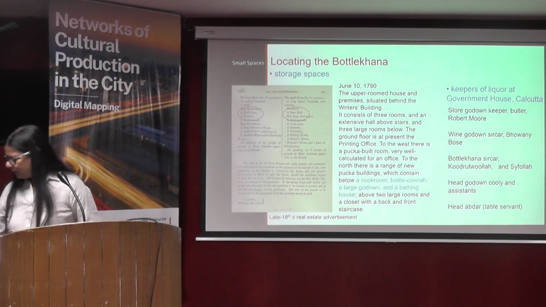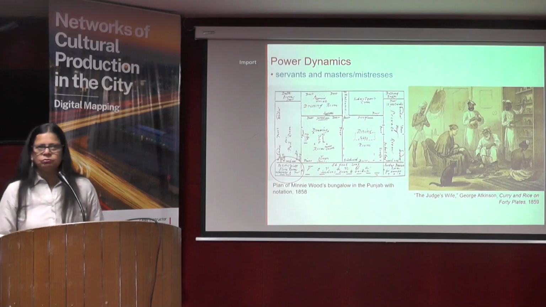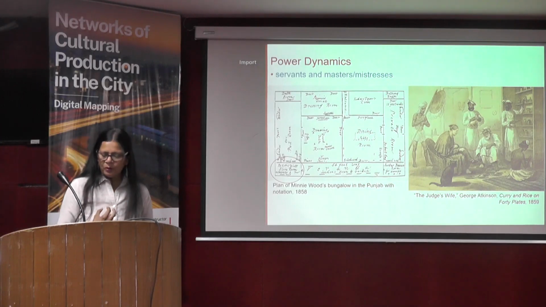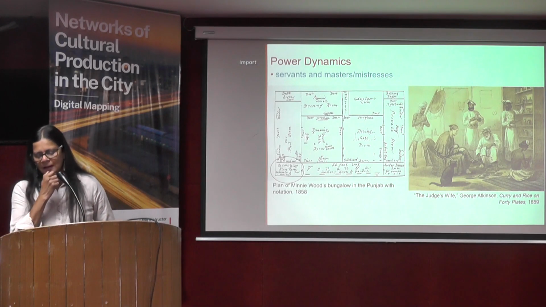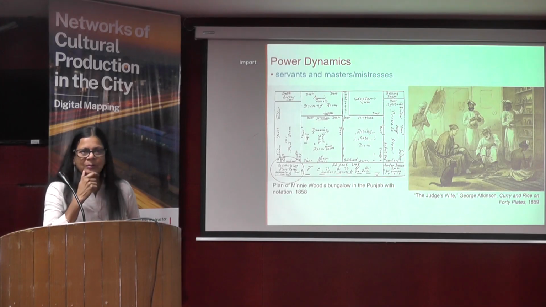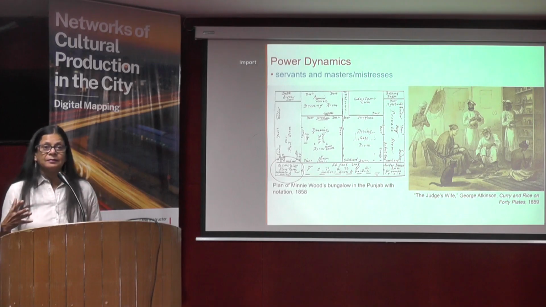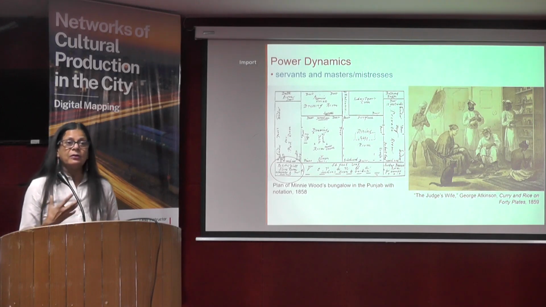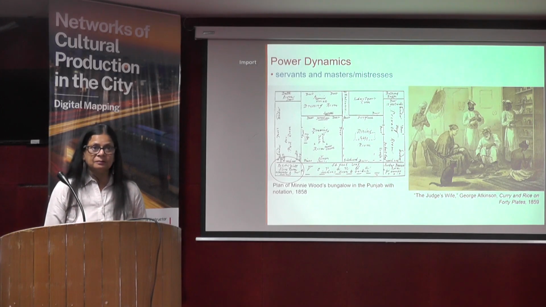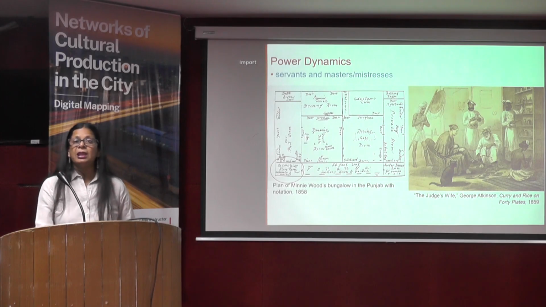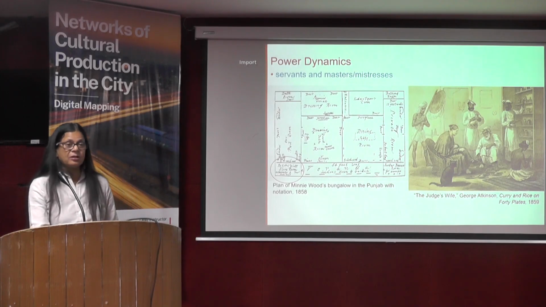And this produces a different vision of what is, for me, and this is very important for me, I look at service spaces. What is the relation between not only servants and masters, but what are the service spaces like? These are what I categorically call small spaces. Bottle khanas typically are about 8 by 10 feet, dimensionally small.